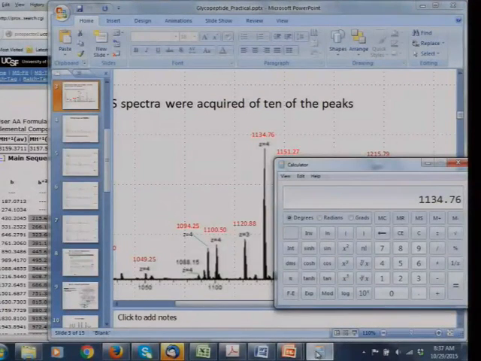1134.76 multiplied by 4, take away 3 to give it the singly charged mass. So this has a mass of 4,536, and the mass of our peptide alone is 3,157. If I take away 3, 1, 5, 7, the mass of this glycan is 1379.